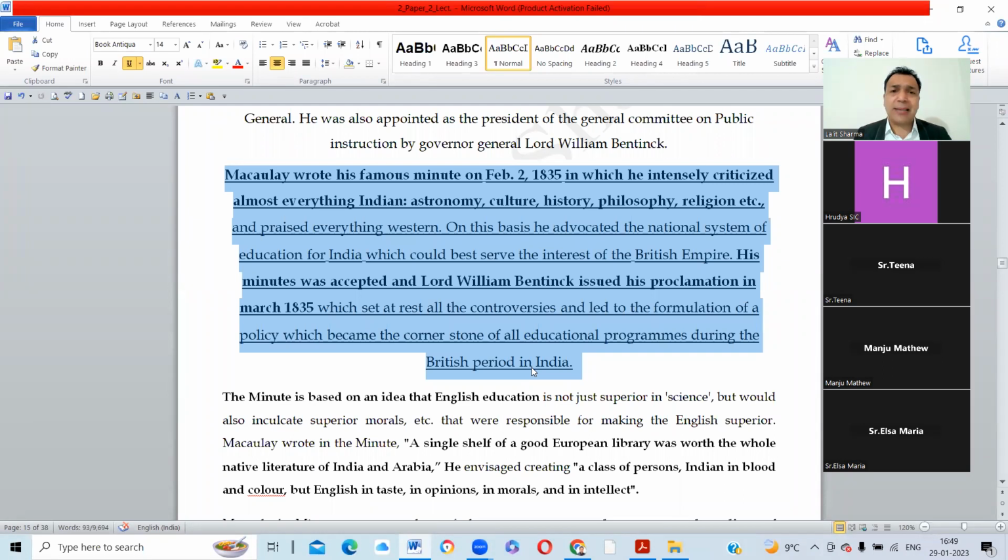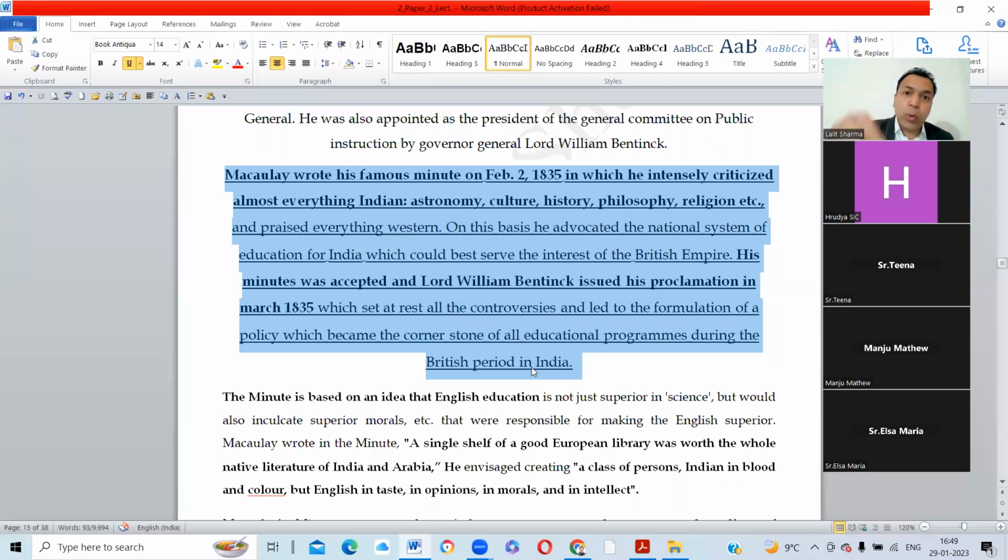Okay, because guys, what was in the mind of Macaulay? Macaulay came to know that if we have to rule India, first of all we have to criticize, we have to, you can say, vanish all the Indian culture, all the Indian history, and apply our Western education system.